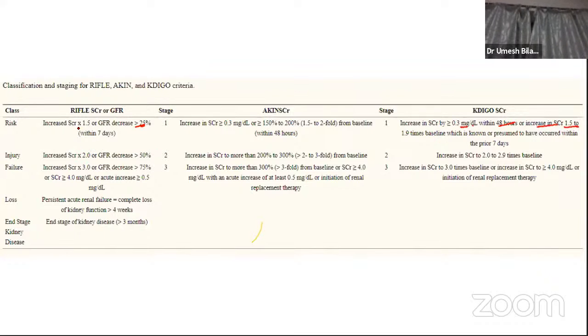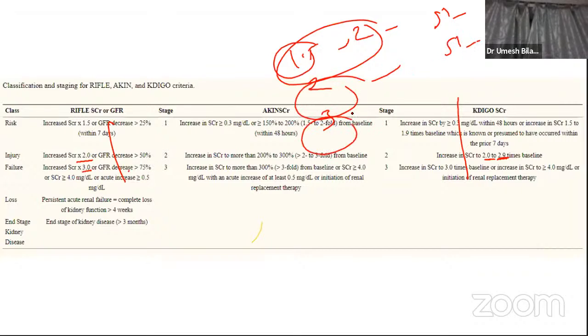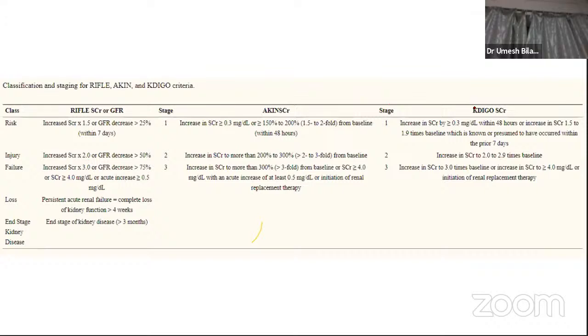Both have 1.5 times serum creatinine; stage 1 is 1.5. Stage 2 is serum creatinine more than 2, 2 to 2.9. Stage 3 is 3. So the easiest way to remember stages 1 to 3 is 1.5, 2 and 3. If it is 1.5 to 2, it is stage 1; 2 means stage 2; 3 means stage 3, creatinine-wise.